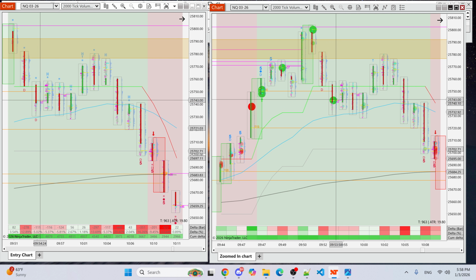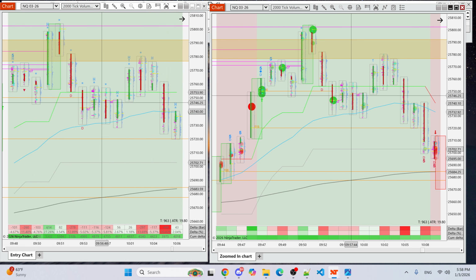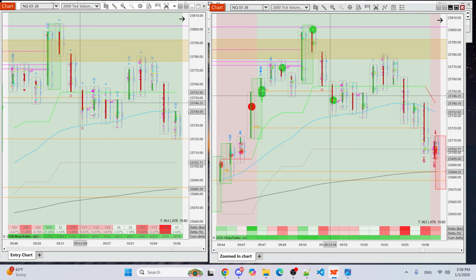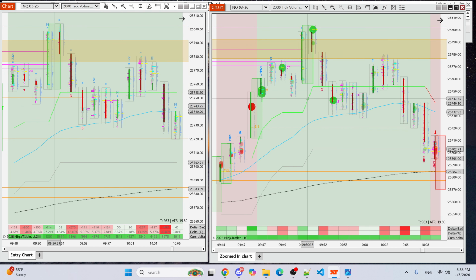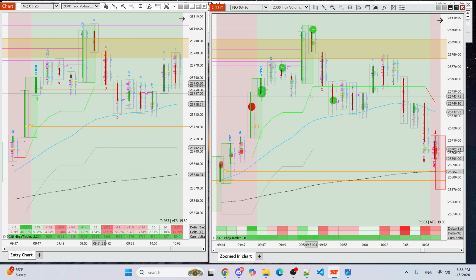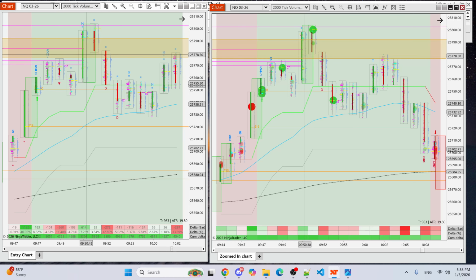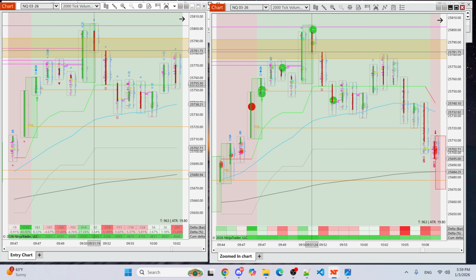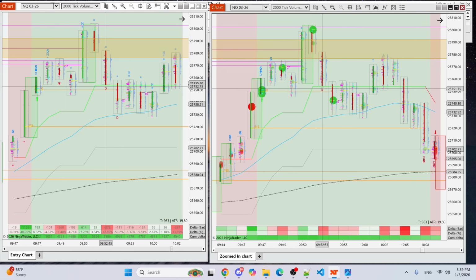So it will display that order unconditionally. If you don't want to see that, you could just deselect that from unconditional and it won't show. But I find it convenient to notice that, hey, we had buy orders here, but then price started to come back down.